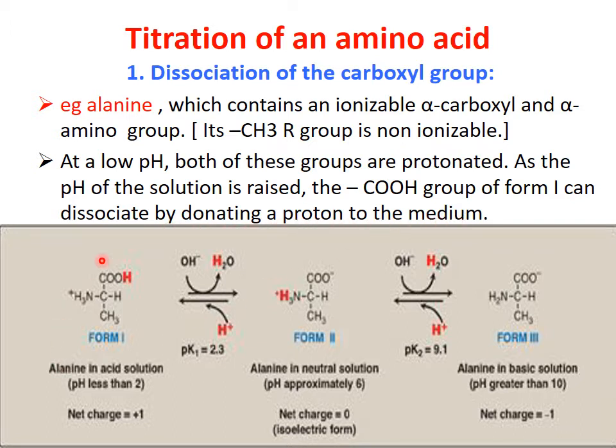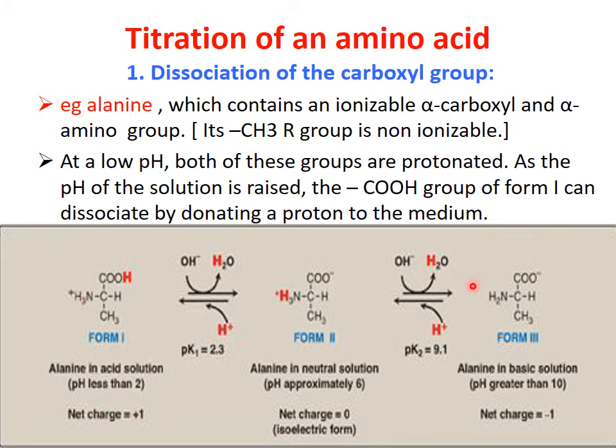You can see here the proton from the carboxylic group is being donated and it is changed into ionic form. So this is form 2, and this is form 1, which is the fully protonated form. This is the form at pH 6, which is the hybrid ion or zwitterion. Net charge here is 0. Net charge here is +1.